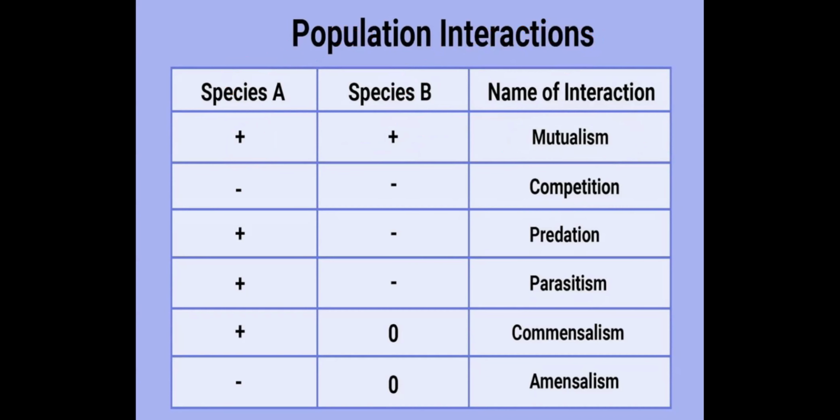Okay, second one, that is competition, right? Competition, during that none of the species get benefit. You must have seen it in movies, and WWF, right? Competition occurs. So during that, only one gets harm or both? Both, correct answer.